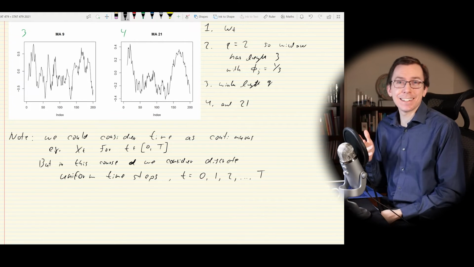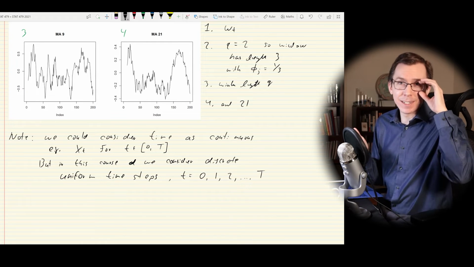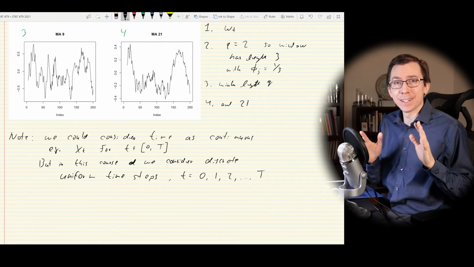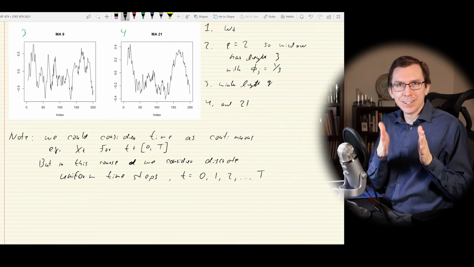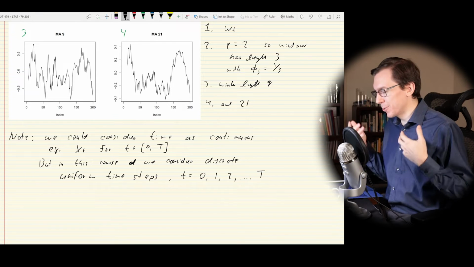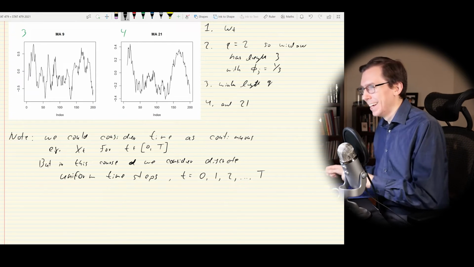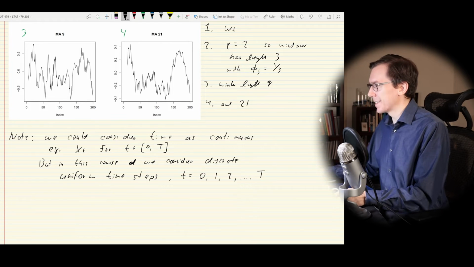We can handle such data, but it becomes a lot harder. And this is an introductory course for time series analysis. So for this moment, we're going to assume that whatever we're looking at is going to happen at equally spaced time steps, and it's going to be discrete. So we don't have to worry about all the headaches that come around when you think about a continuous time indexed stochastic process.